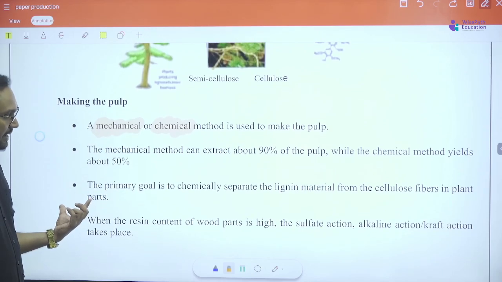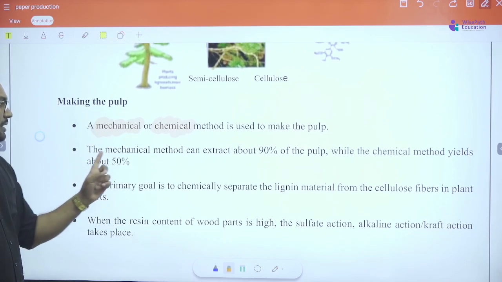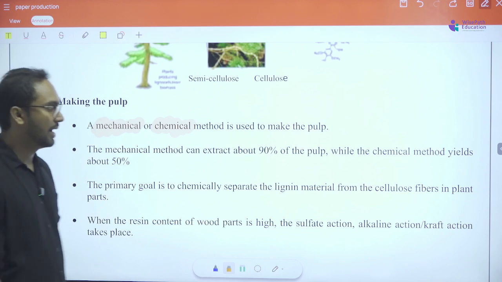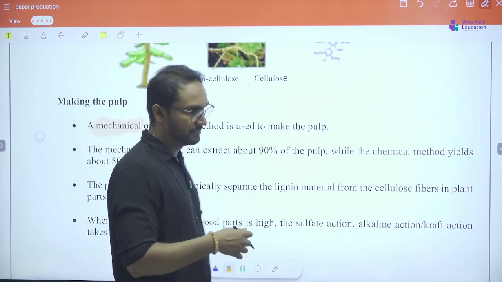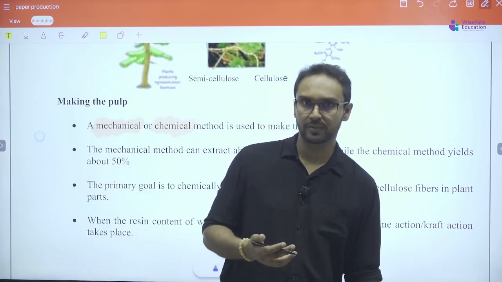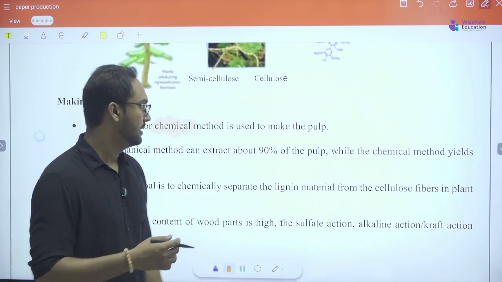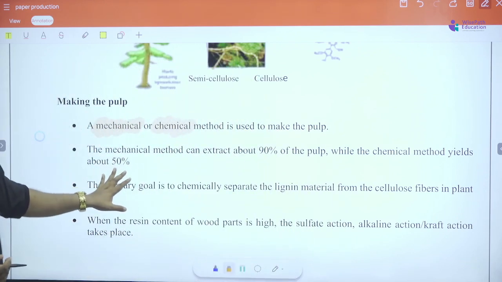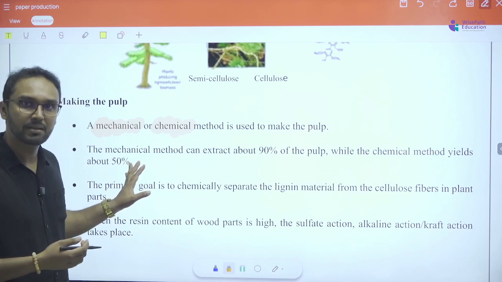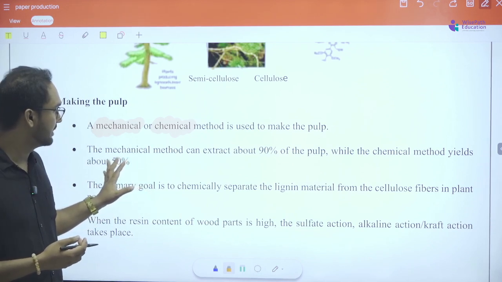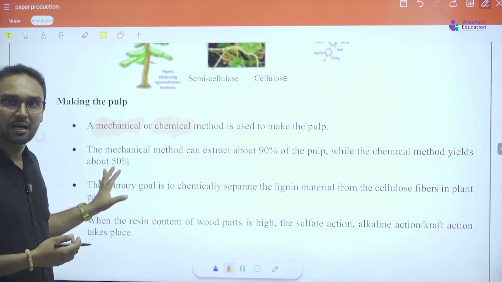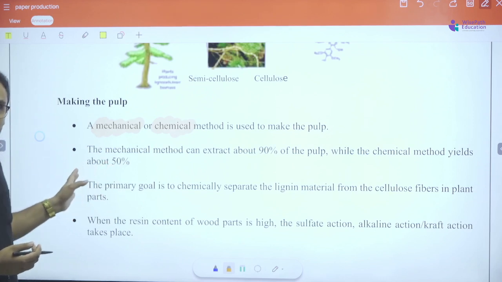Out of that, remember, the mechanical method can extract about 90% of the pulp, which means the mechanical method can remove 90% of lignin compared to the chemical method. When it comes to the chemical method, only about 50% of lignin can be removed, right? Not all the lignin is removed in the chemical method.